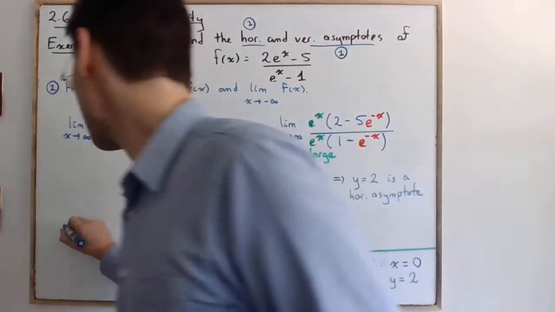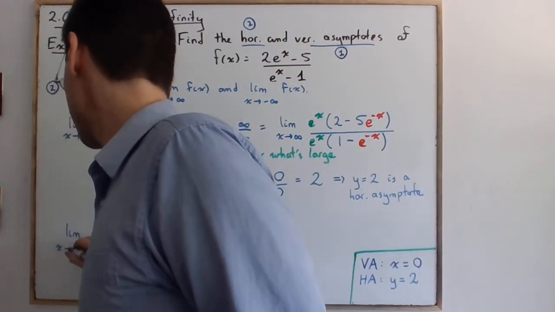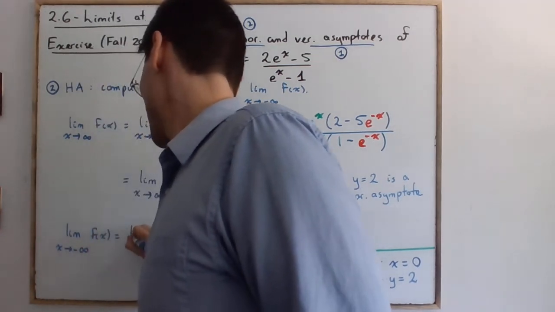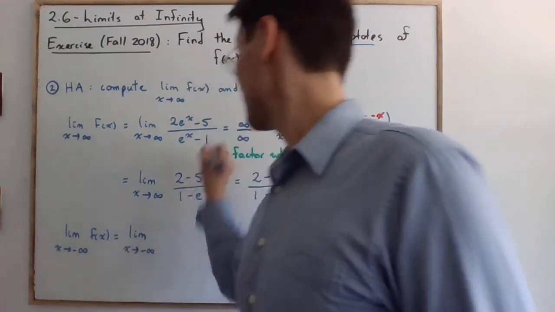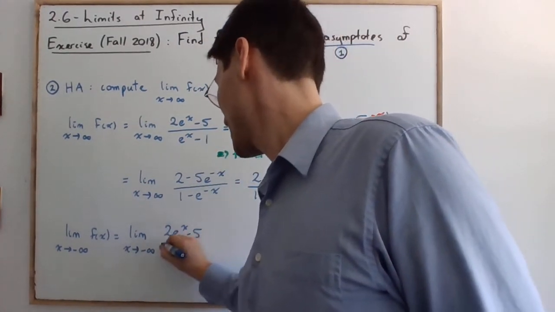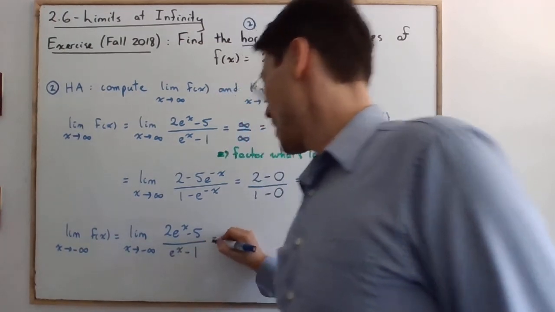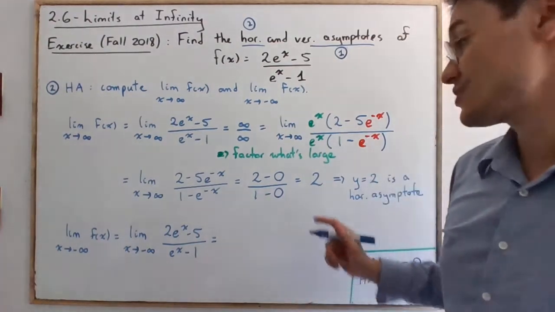We need to also compute the limit as x is approaching negative infinity of f of x, which is the limit as x is approaching negative infinity of this function. And we're lucky because here direct substitution is actually working.